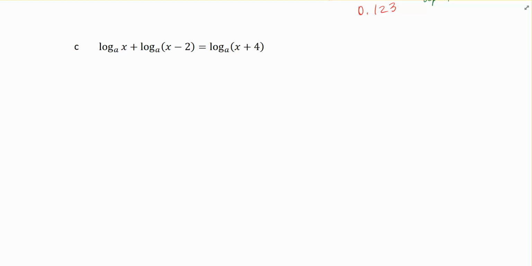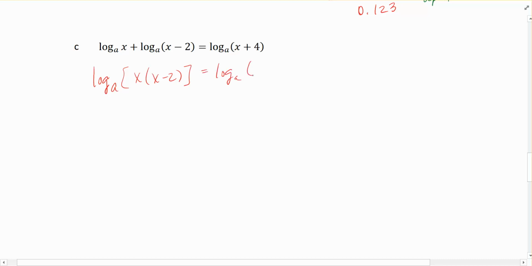So on the left-hand side, we can actually rewrite it as a single log. Remember, if we are adding 2 logs of the same base, then we simply multiply their arguments. So this would be x times x minus 2, set equal to log base a of x plus 4.